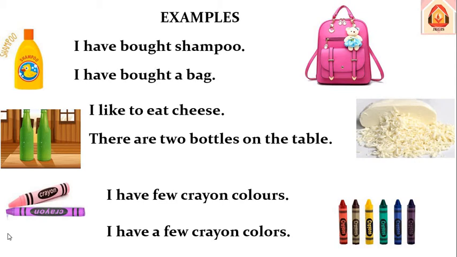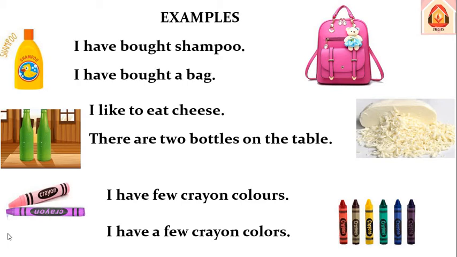Now here, few means very little, very less, almost zero, or 1 or 2. The quantity is very less, then we use few. When the quantity is a little more, like if you have a pack of colors in which you get 12 or 24 colors, and out of those you hardly have 1 or 2 colors, then you will use few.